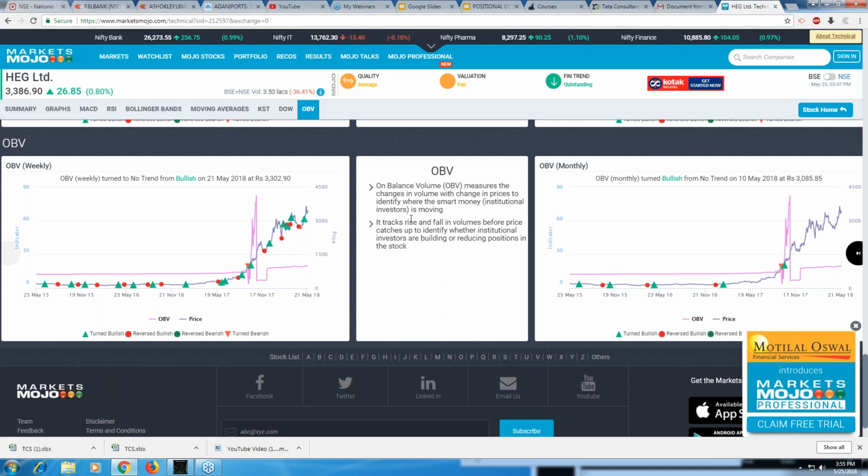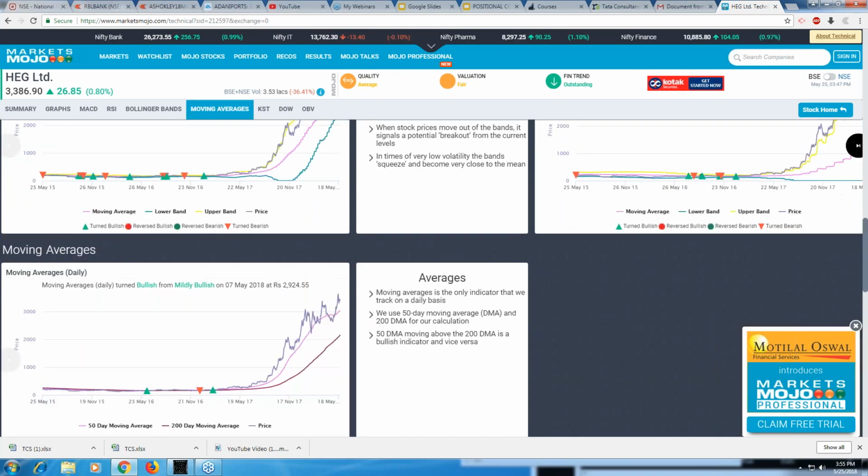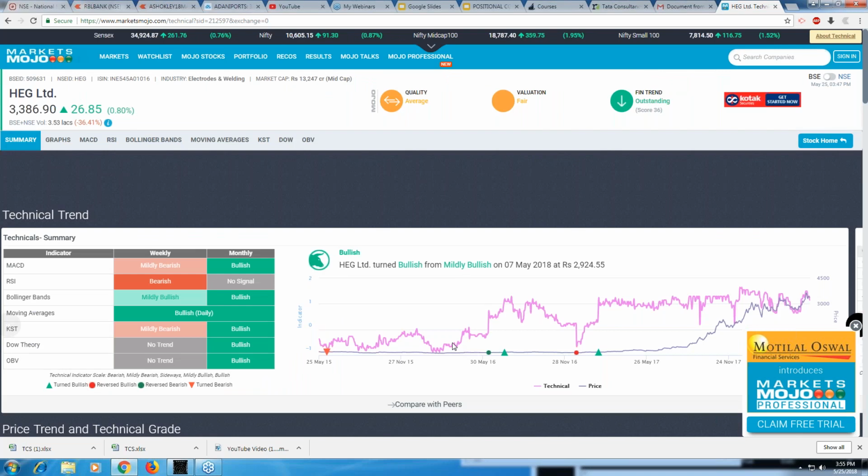It tracks rise and fall in volumes before price catches up to identify whether institutional investors are building or reducing positions in this stock. So OBV turned bullish from no trend on 10th of May, when the price was 3085. So this is how you get to know the technicals, and then you can look into the graph.